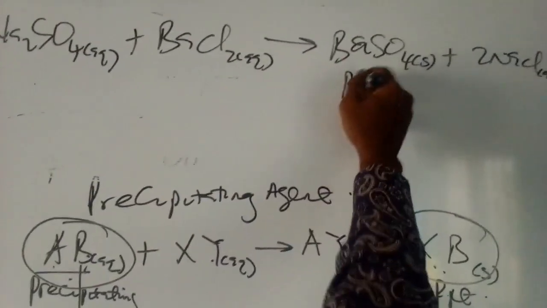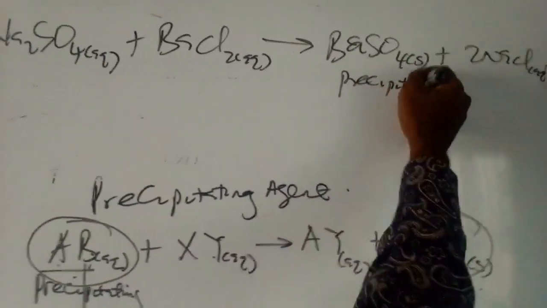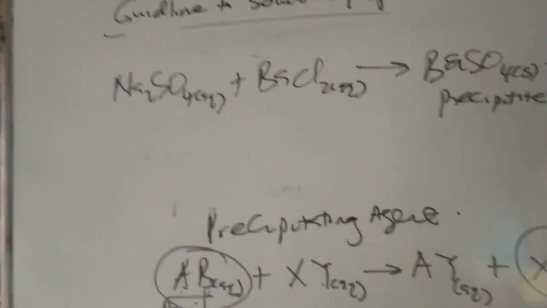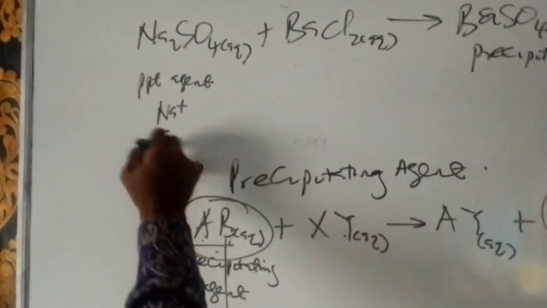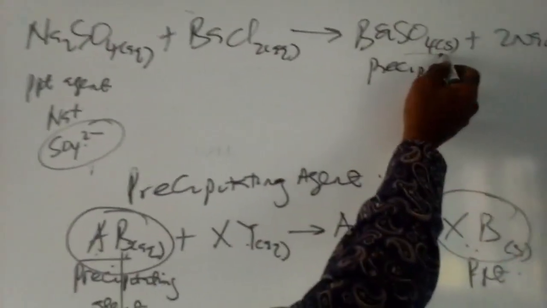By being solid or insoluble, barium sulfate is called the precipitate. Then of these two reagents or reactants, which of them is the precipitating agent? If you examine the reactants and the precipitate, sodium sulfate is the PPT agent because it donates its negative ion, which is SO4, found in the precipitate.